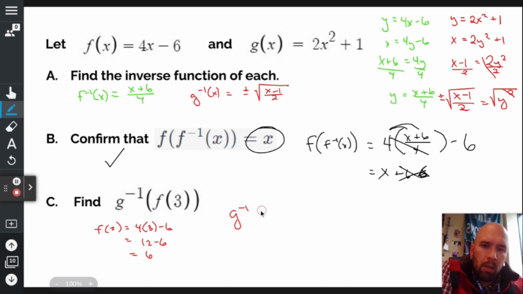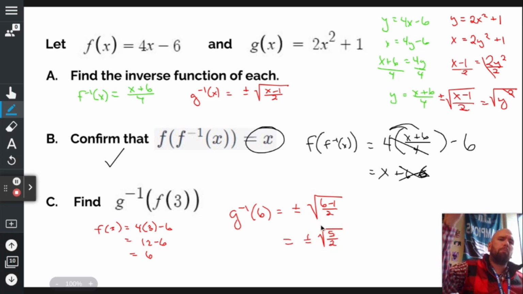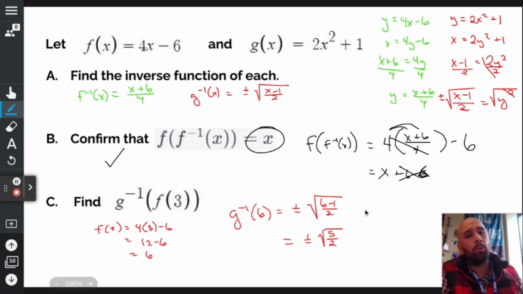So g inverse of 6 is going to have me take this guy and plug it in. Okay, so positive or negative square root of 6 minus 1 over 2 is just going to be the positive or negative square root of 5 over 2. There's not much I can do there. So yeah, that's my guy. Not pleasant. But, you know, I did the math, and that's kind of the purpose of this whole thing.